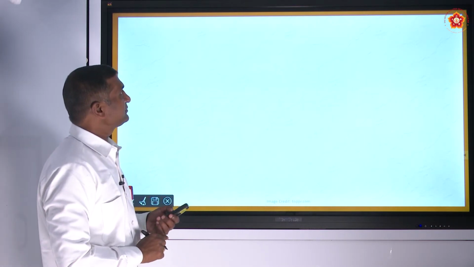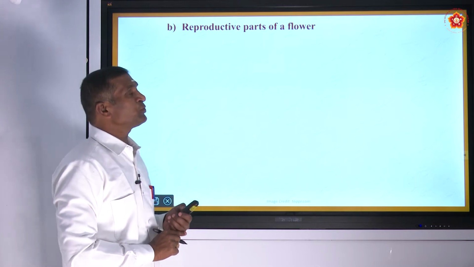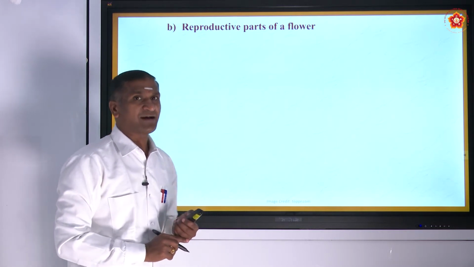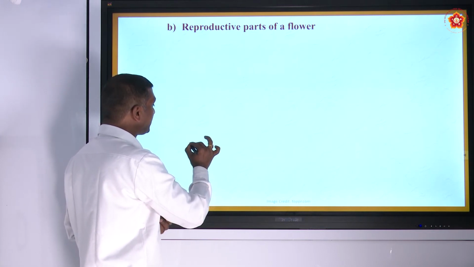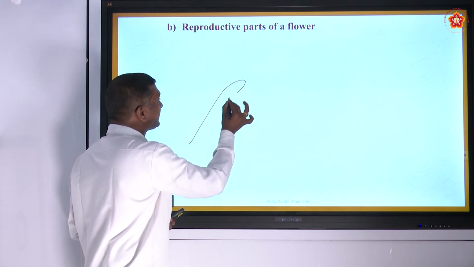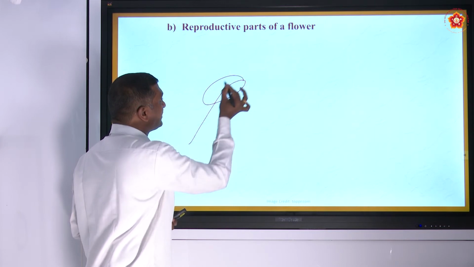The next one, reproductive parts of a flower. Just for your kind information, I will draw here. The reproductive parts of a flower are nothing but the stamen and the pistil.